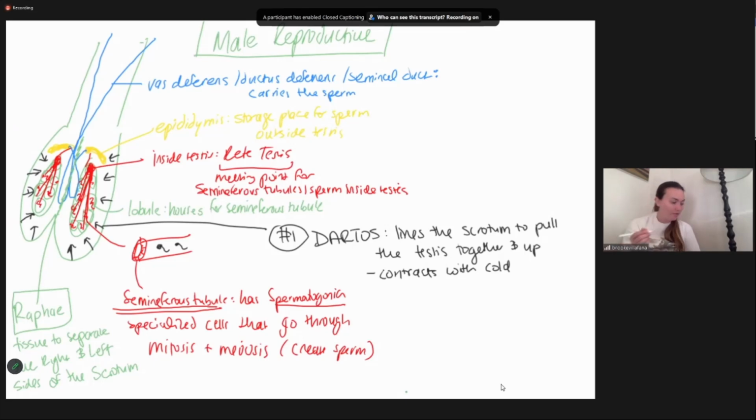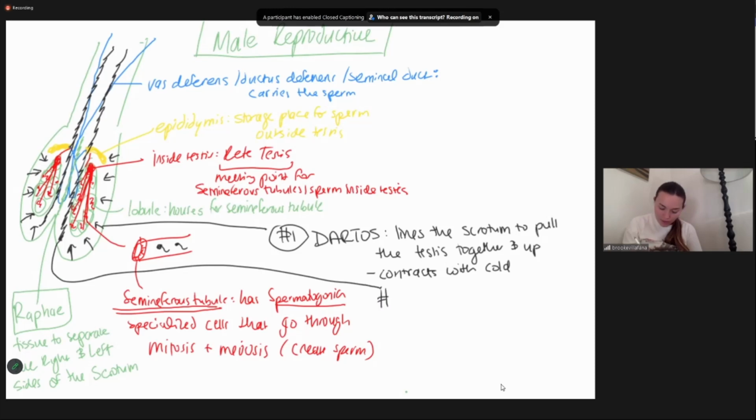And then we have our muscle number 2. I'm going to draw that up here. Probably should have made this drawing bigger in hindsight. This muscle is called the cremaster.